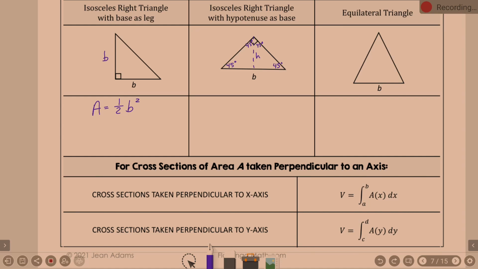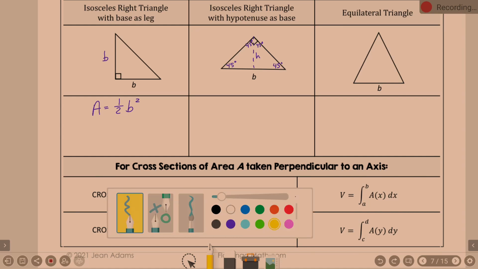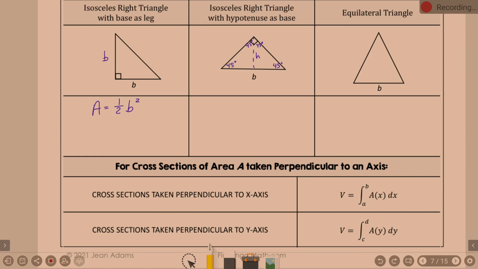So maybe I'm making this too difficult, I'm beginning to wonder, but if you think of this right here, that is a 45, 45, 90, yes? And what do we know about this piece down here?